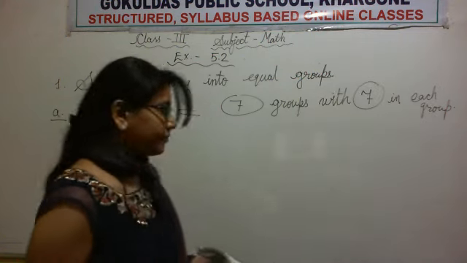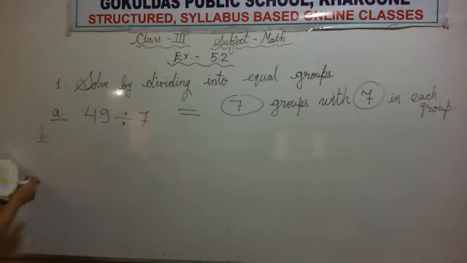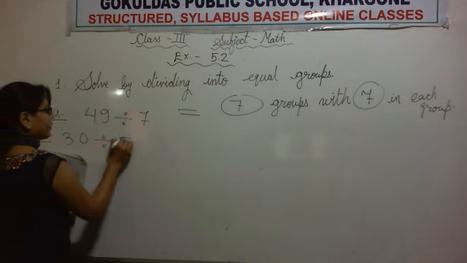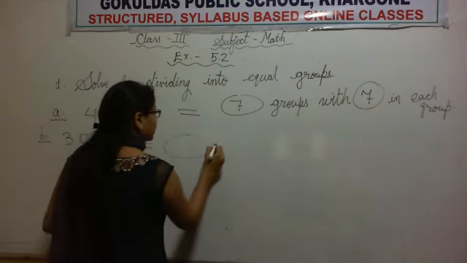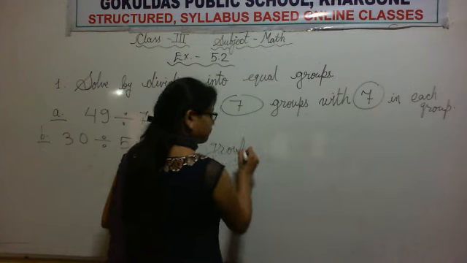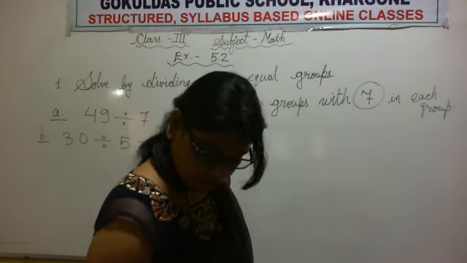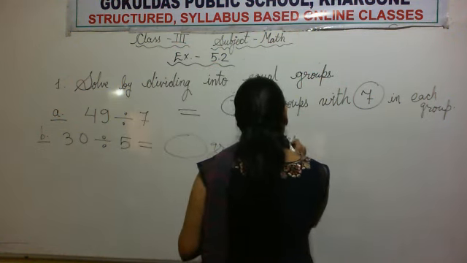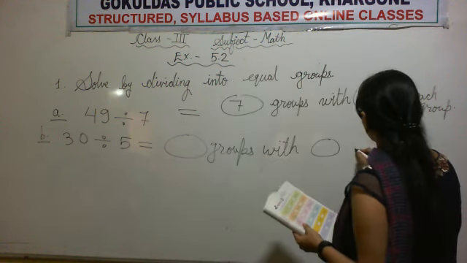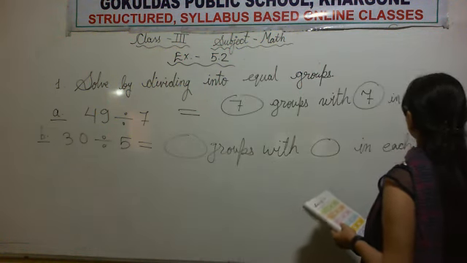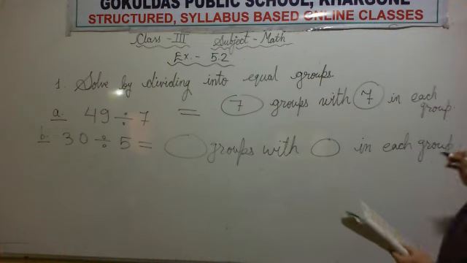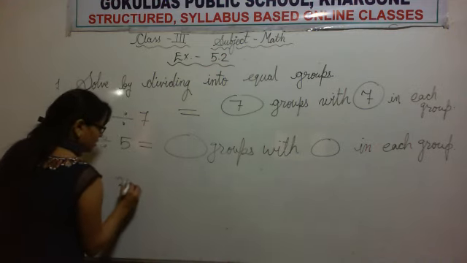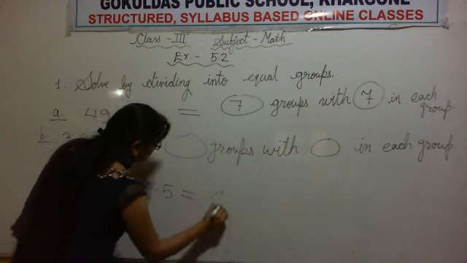So part B. Thirty divided by 5 is equal to blank groups with blank in each group. With the help of the table of 5, 30 divided by 5 is equal to 6.